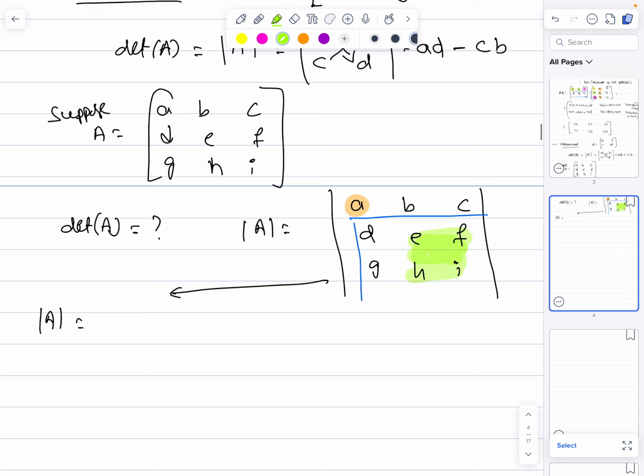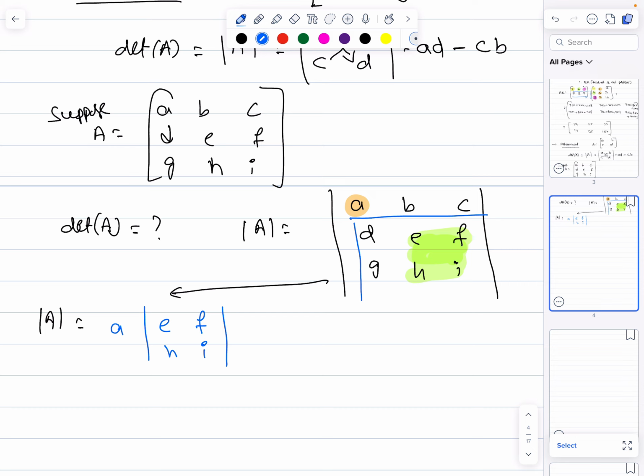Therefore, A times the 2 by 2 matrix E, F, H, I. This is common even if you have a 4 by 4 matrix. If you have a 4 by 4 matrix, you choose the first element and ignore that particular row and particular column, and you take a 3 by 3 matrix. Again for the 3 by 3 matrix you write in the same way, therefore you get a 2 by 2 matrix. Once you reach a 2 by 2 matrix, the product is what we have already dealt with.